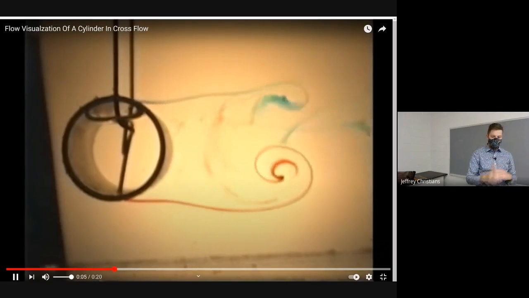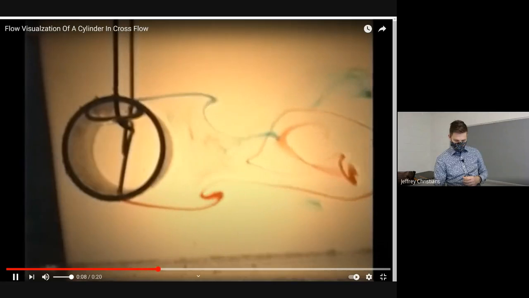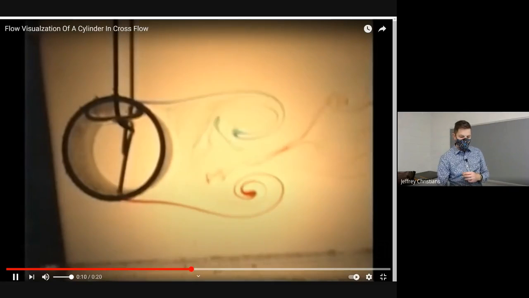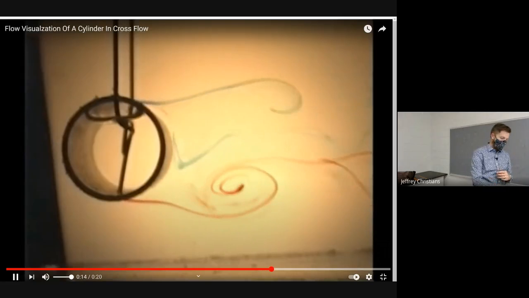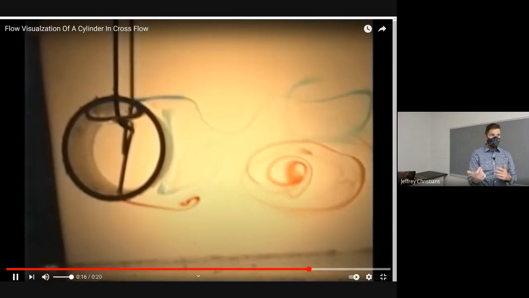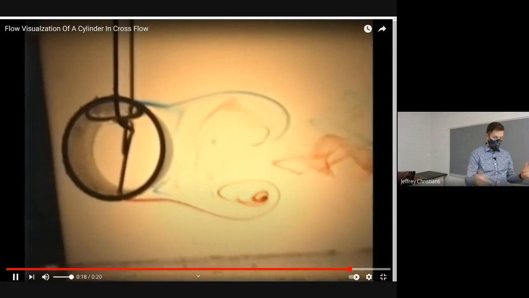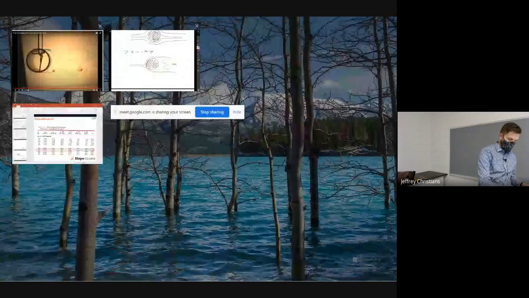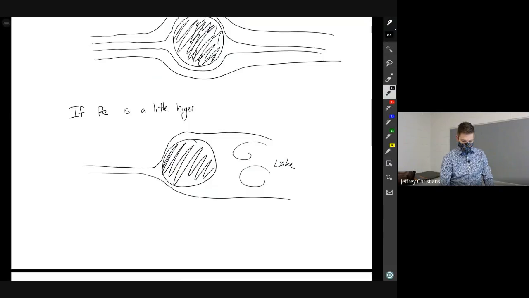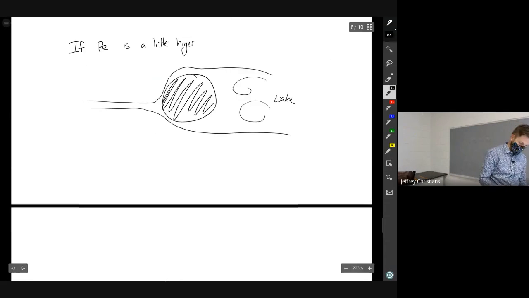Again, the same kind of thing. There's typically a wake behind them where they're creating turbulence. Our models, though, are going to be a lot the same.